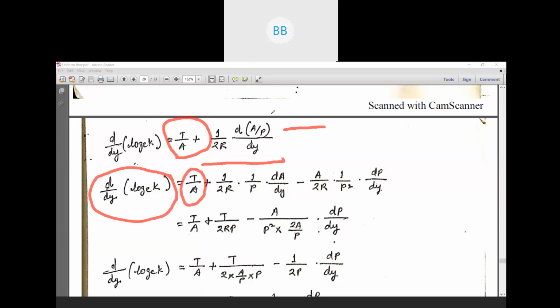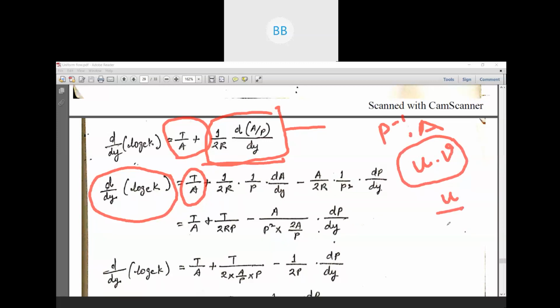Now we have to differentiate this. Differentiate A by P with respect to Y. So you can consider it like this: P to the power minus 1 multiplied by area. That is nothing but your u into v. If you remember, we have a differentiation formula for u into v, and another one for u by v.